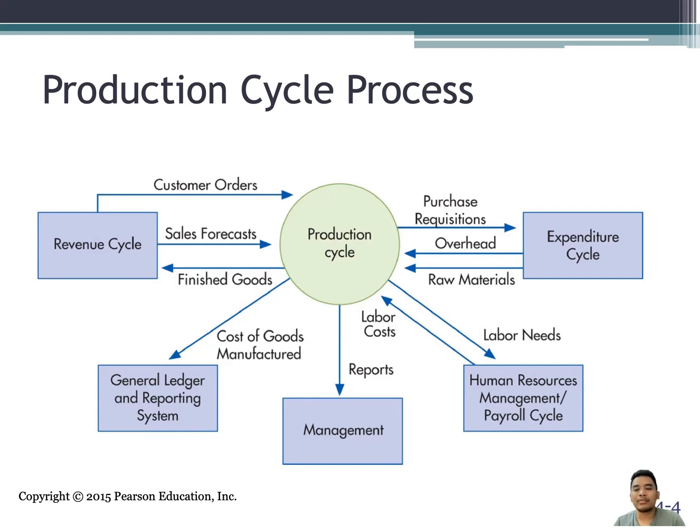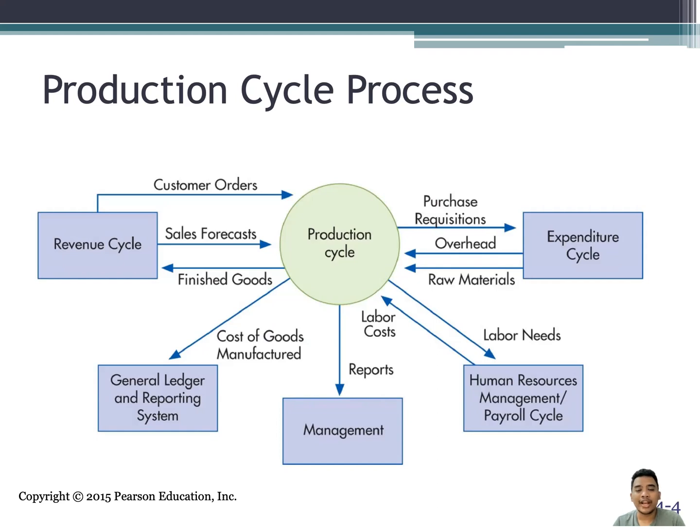So what is their involvement, or what are their roles under the production cycle? For human resource or the payroll cycle, they are the ones supplying manpower when it comes to production, or what we call the labor force, may it be direct cost or direct labor, or overhead cost, which is selling and admin, which is directly related to the production as well.